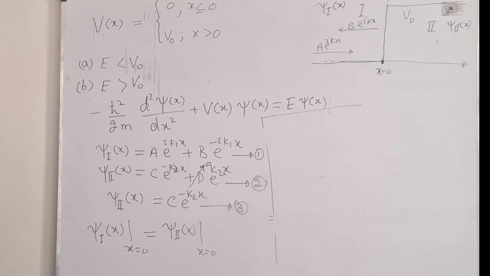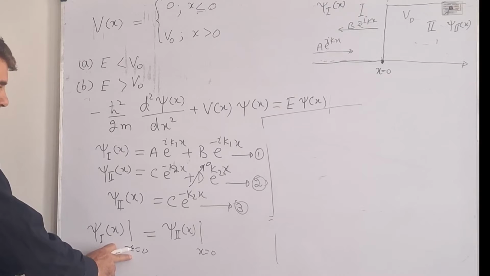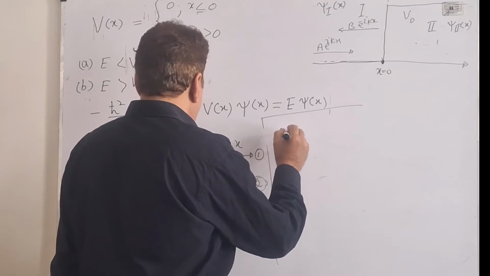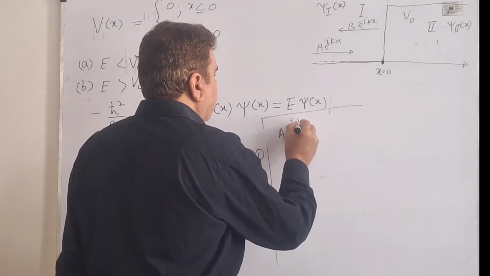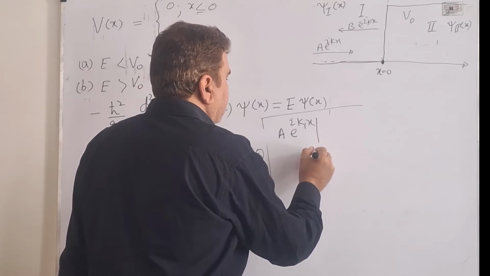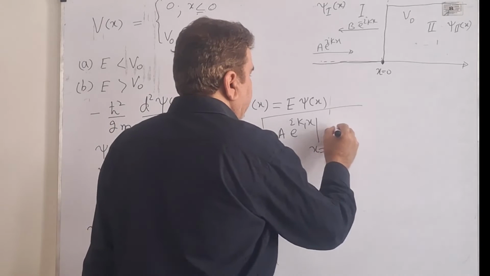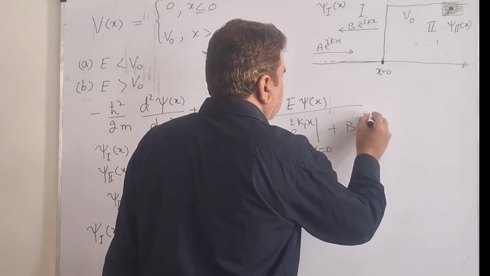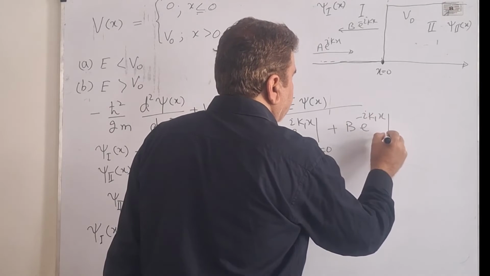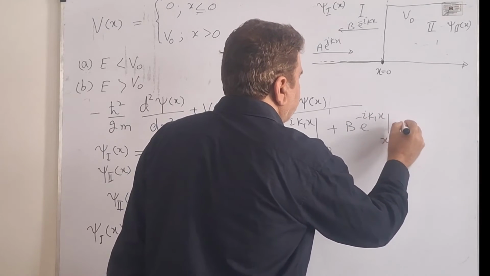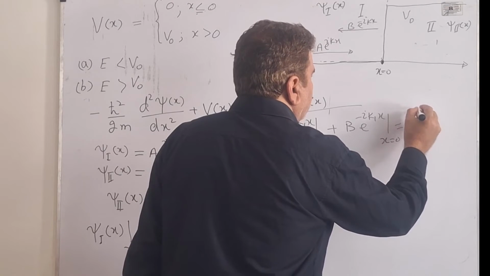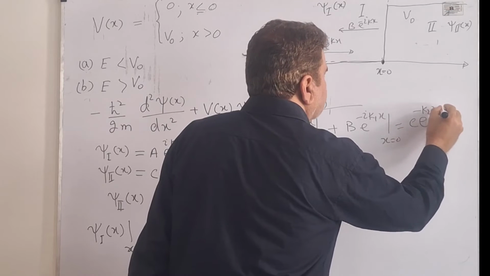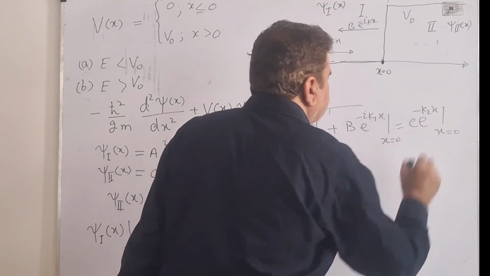So now if I put the values, I can write psi 1 of x, which is a exponent iota k1x plus b exponent minus iota k1x at x equal to 0, must be equal to c exponent minus k2x at x equal to 0.